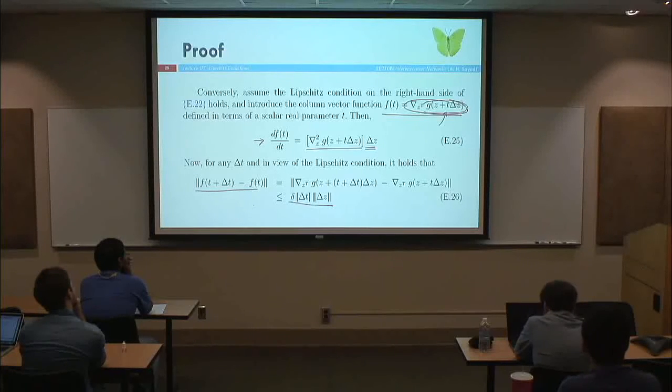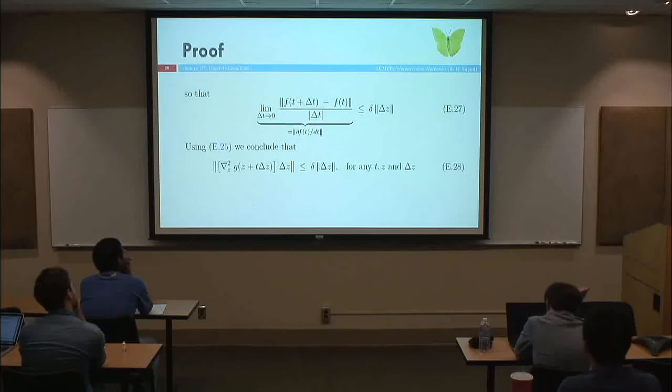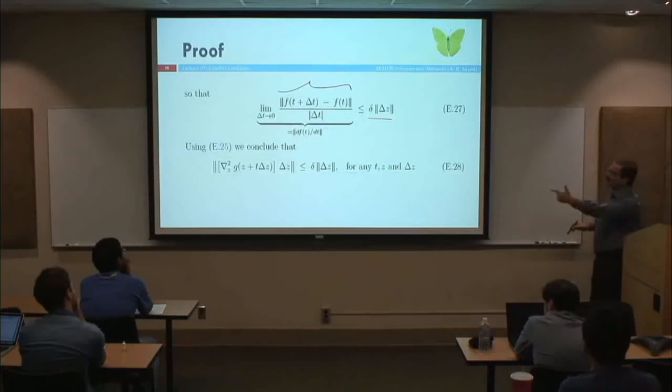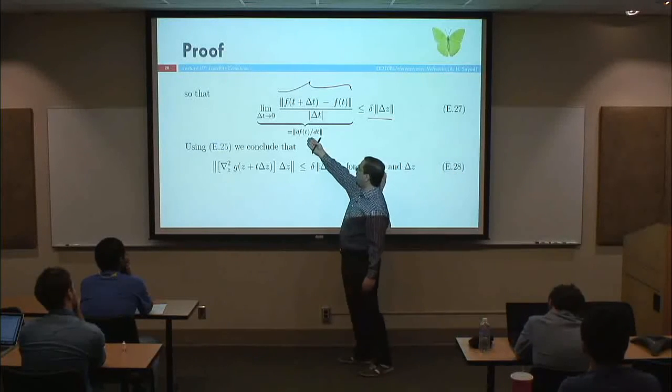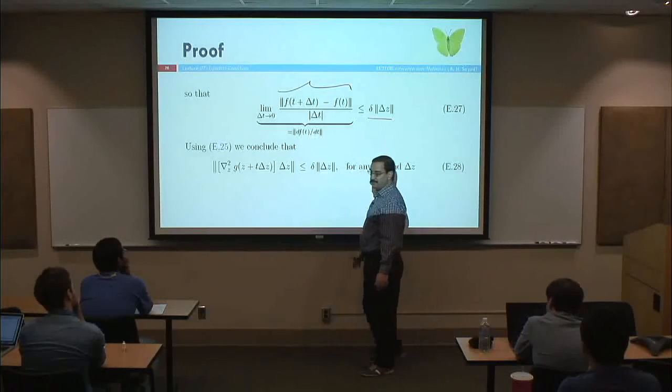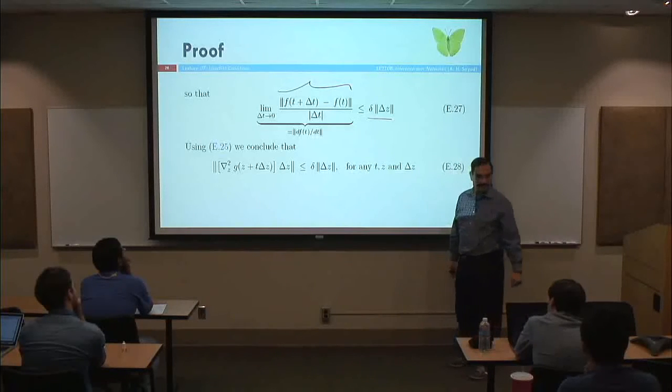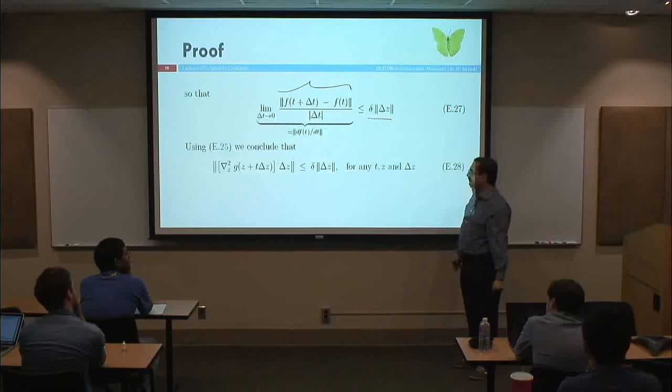Divide by delta t. So you get that the ratio is upper bounded by that. And take the limit as delta t goes to 0. So this will be the norm of that derivative. f is a function of a scalar, but f itself is a vector, right?